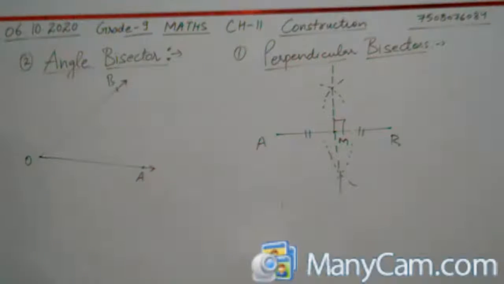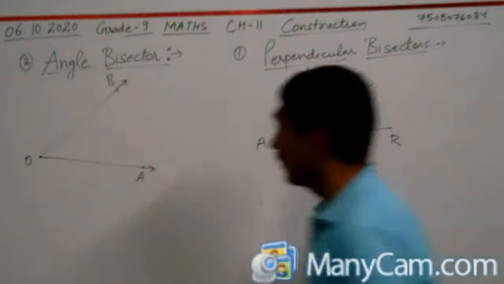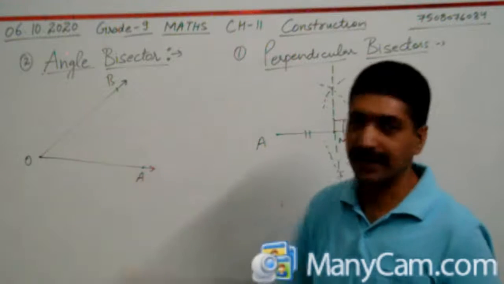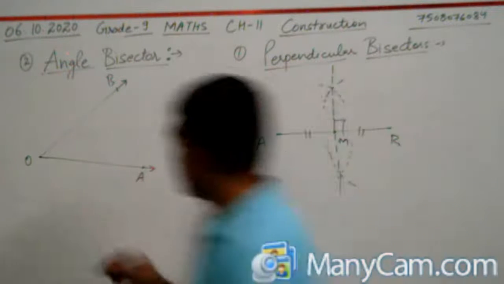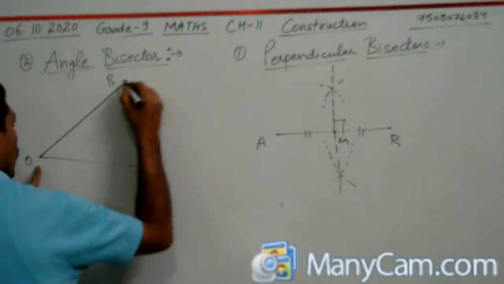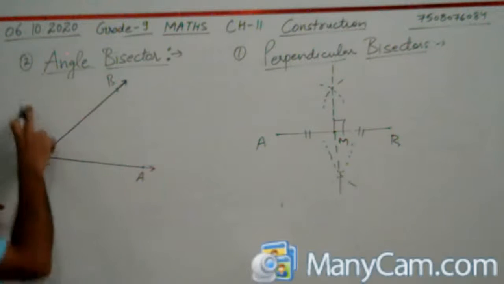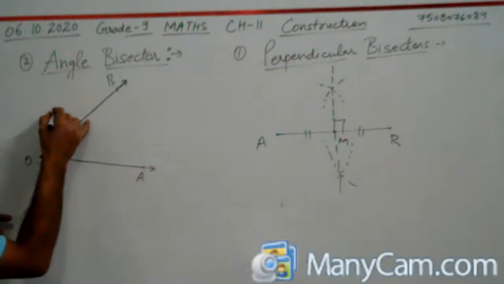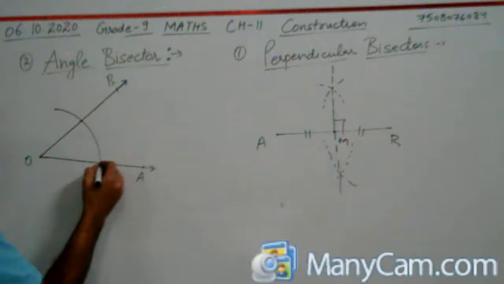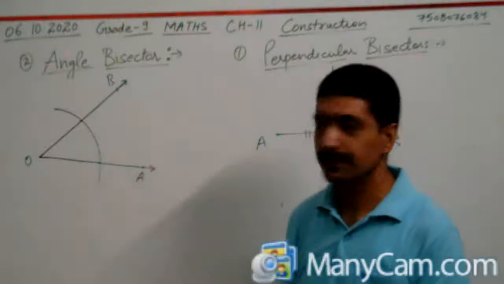Whereas for the angle bisector, what will we do? With the help of the compass, from point O we will mark one arc here. This is the angle AOB. With the help of the compass, mark one arc, and after marking K, you have to open the compass more than half of this length.